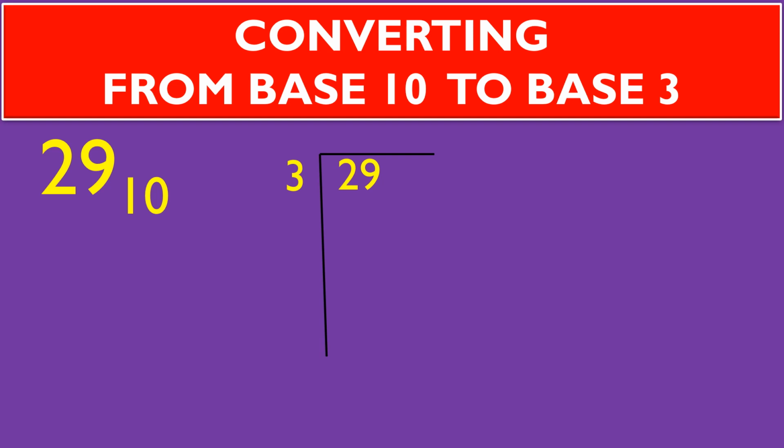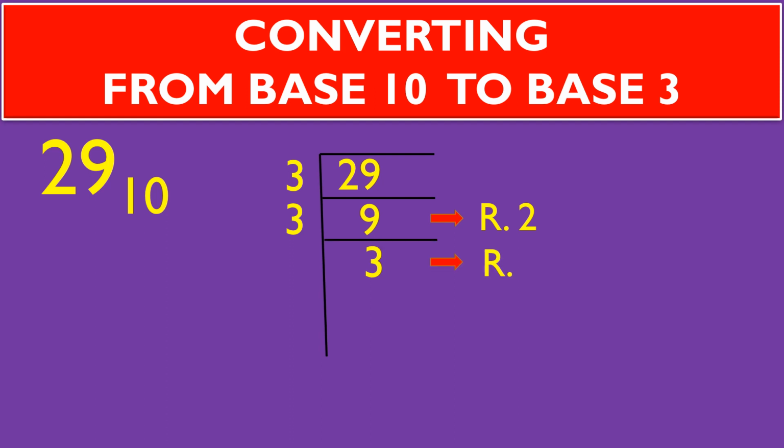And we can use the long division method as we have used before. So we have 29 dividing by 3. What do we have? We have 9, but the remainder is 2, because 9 times 3 is 27, and what we have there is 29. So 29 minus 27 is 2. So that's the remainder. So 3 in 9, how many times can it go? 3 times.